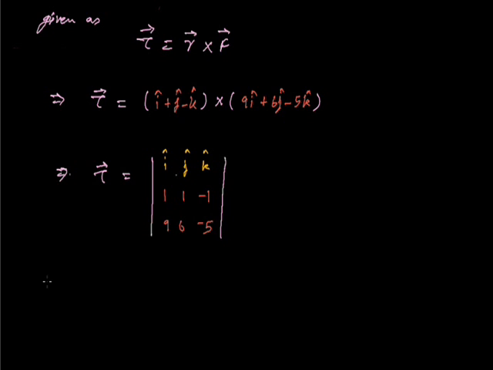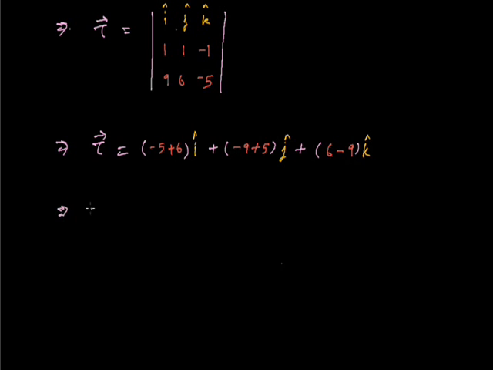So the solution of the determinant will provide the value of the torque required, and now the torque will be minus 5 plus 6 i cap, plus minus 9 plus 5 j cap, plus 6 minus 9 k cap.